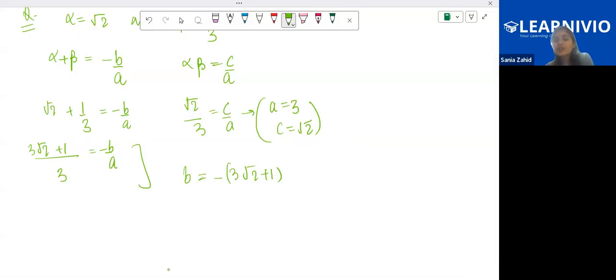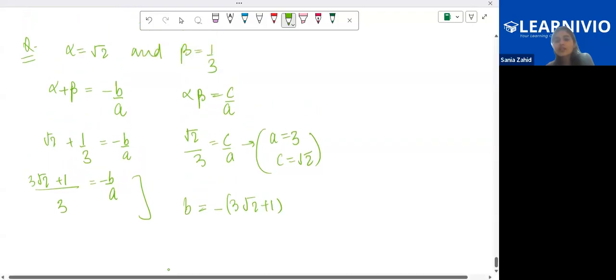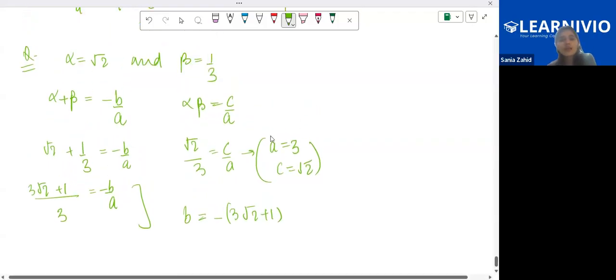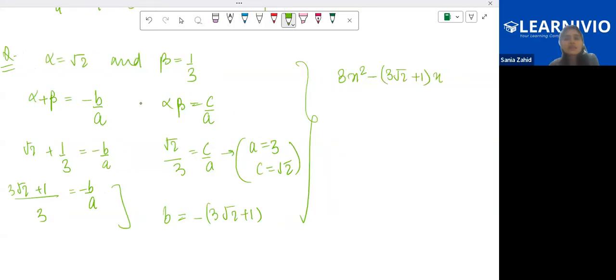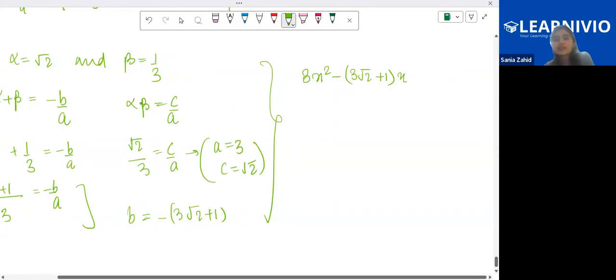So when I will be forming the equation, my equation will be written as ax square, that means 3x square plus bx, that means negative of 3 root 2 plus 1 x plus c. So what is c now? Plus root 2.